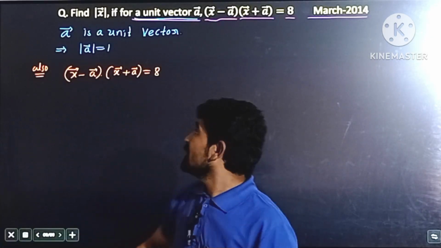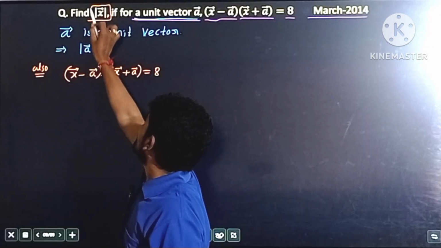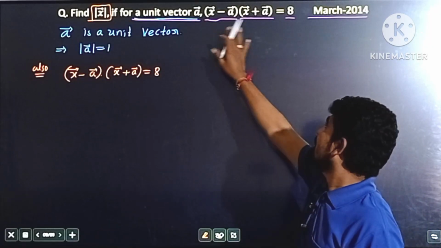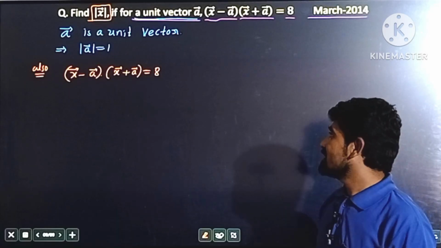But in this question we need to calculate what? The magnitude of x vector, when a vector is a unit vector and (x vector minus a vector) dot (x vector plus a vector) is equal to 8.